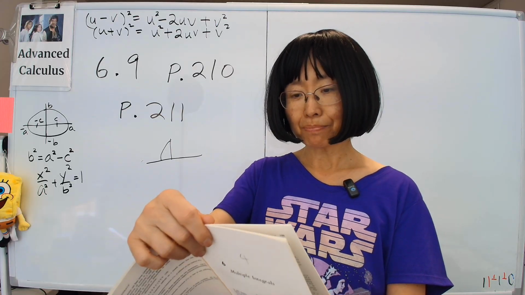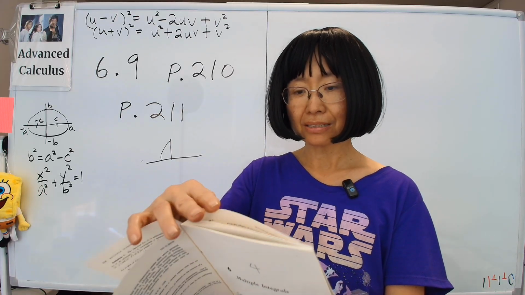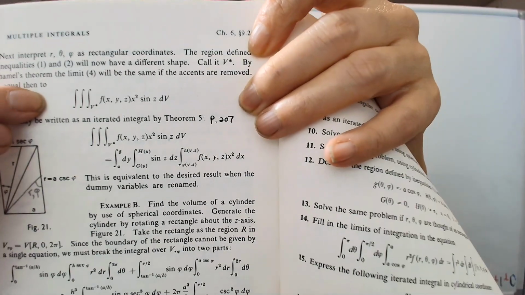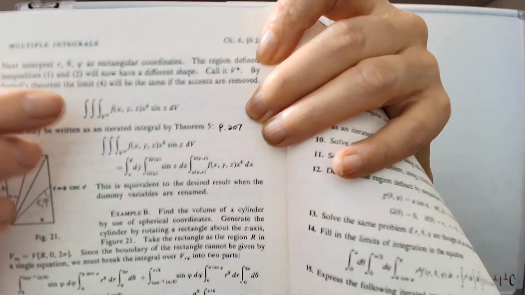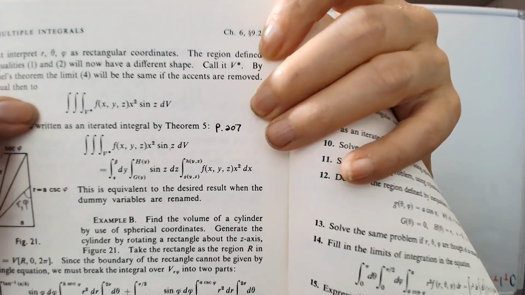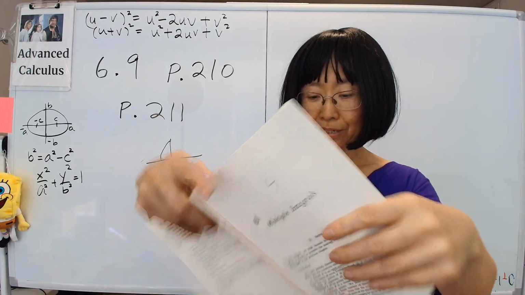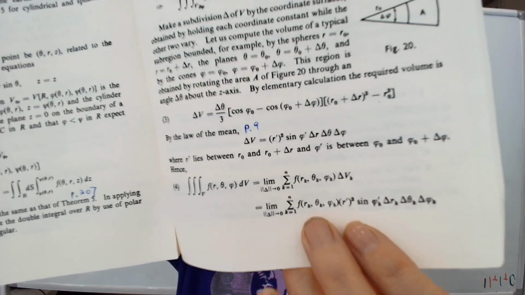And as a result, by Duhamel's theorem, this thing is the same as the triple integral of just f, and then x squared sine z dV. When I say this thing, I'm referring to the summation stuff, all the stuff right here. Please stare at this for a bit and stare at Duhamel's theorem.